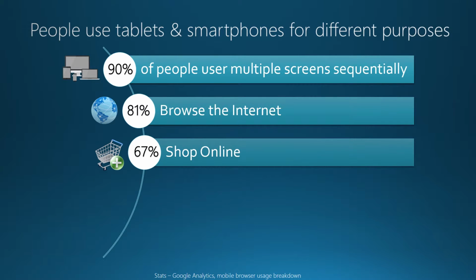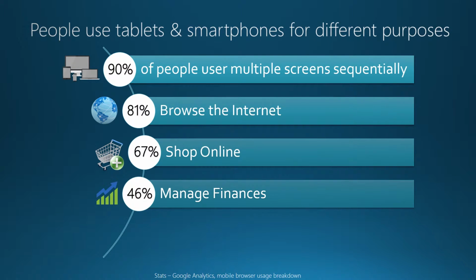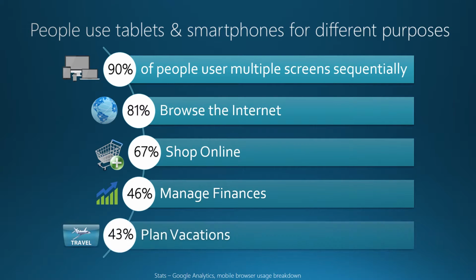It also states that 67% of the users shop online through their smartphones, tablets and other mobile devices. And also 46% of the people manage their finances through these mobile devices. And people like me who love to travel also plan their vacations on their mobile devices.